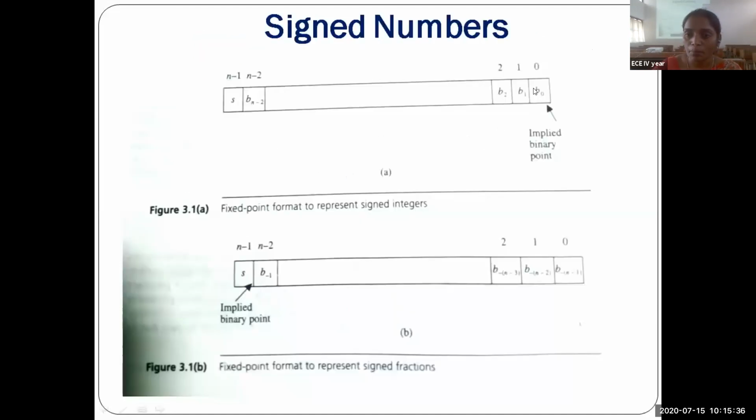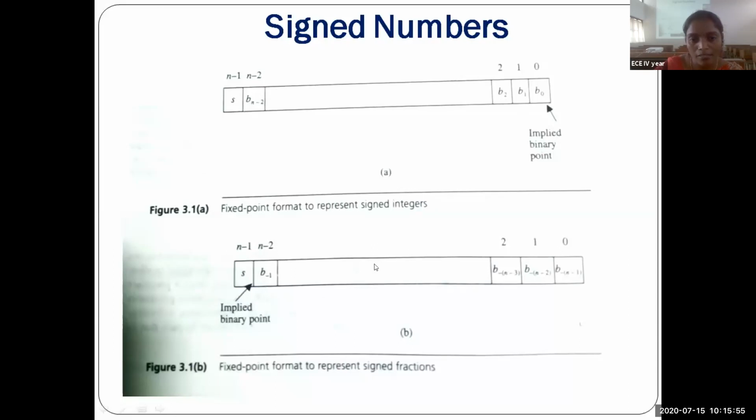The last bit B0 is 1, next B1 is 0, and B2 is 1. So the binary implied point is here. How to calculate 5? 1 into 2 power 0, plus 0 into 2 power 1, plus 1 into 2 power 2. 2 power 2 is 4, plus 1, that is 5.